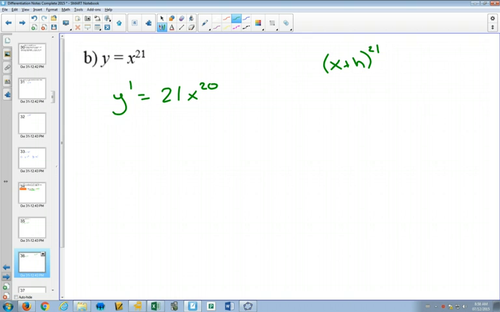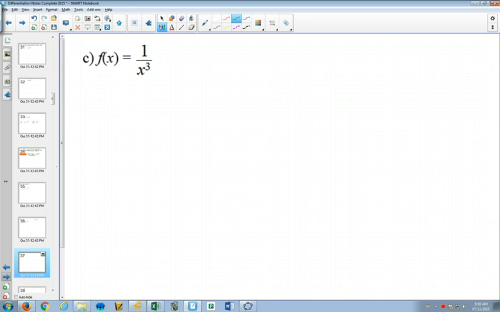And then you have to factor an h out of 21 of them just to cancel out your h's. Okay, yeah. So this is one of those rules that once you learn it, it's very hard to turn back. It's very hard to go back to your old methods of the definition of the derivative.